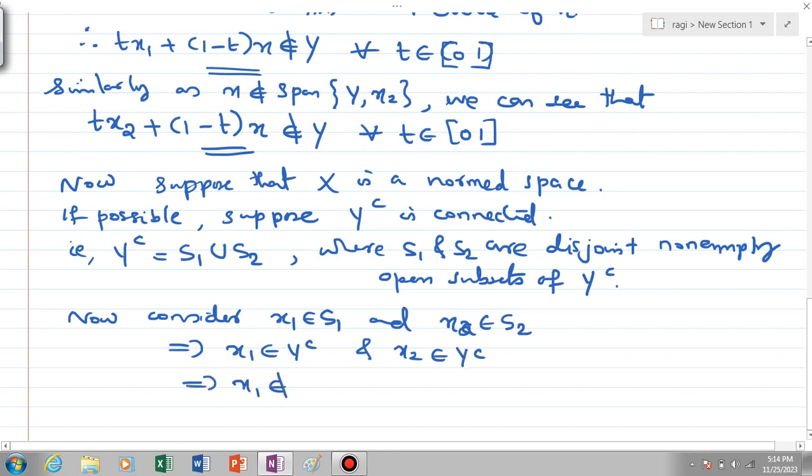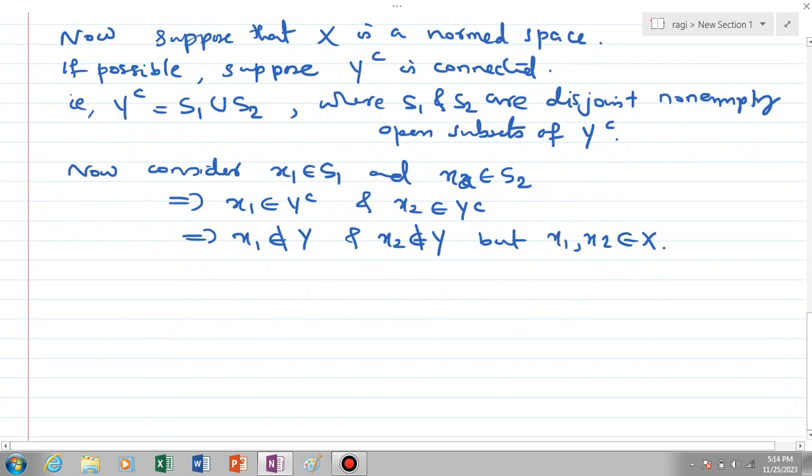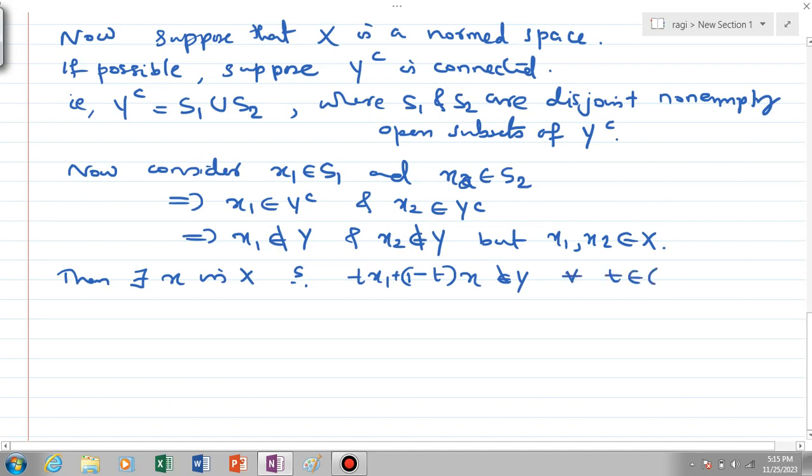That means x1 is not in Y and x2 is not in Y, but x1, x2 are elements of X. So by what we have proved above, there exists a point x in X such that the line segment joining x1 and this point, that is t x1 plus 1 minus t into x, is not in Y for all t in the open interval 0, 1, and t x2 plus 1 minus t into x is not in Y for all t in the open interval 0, 1.